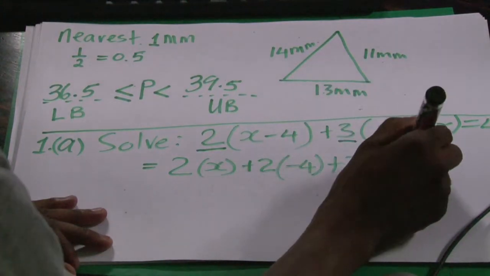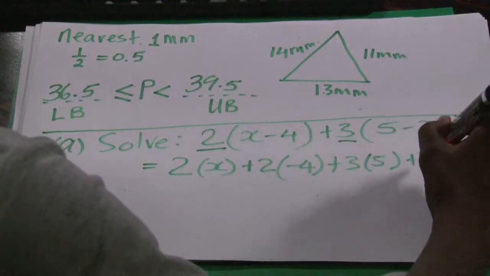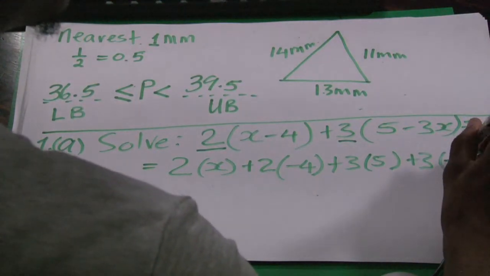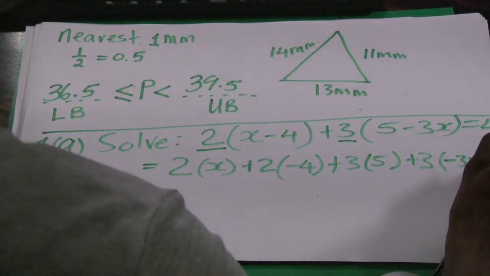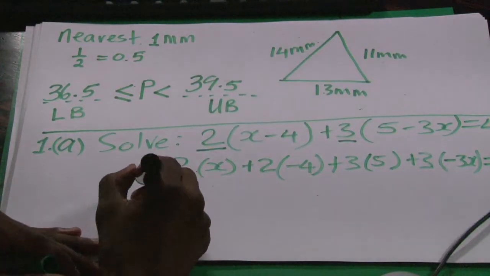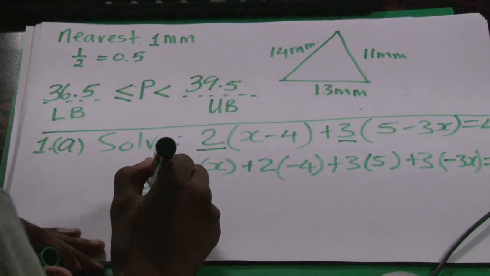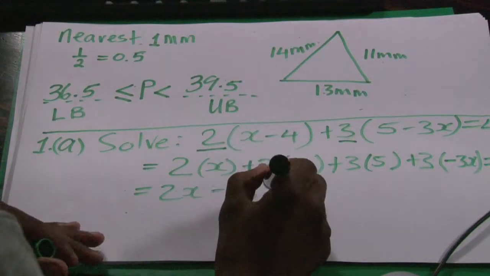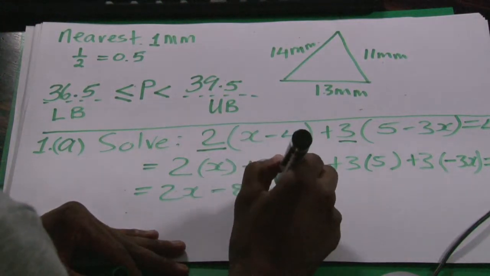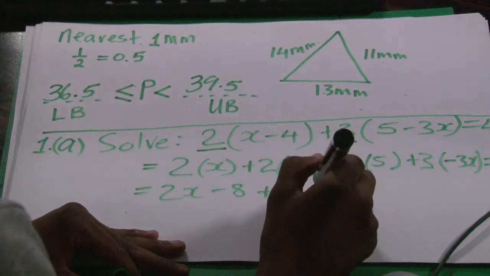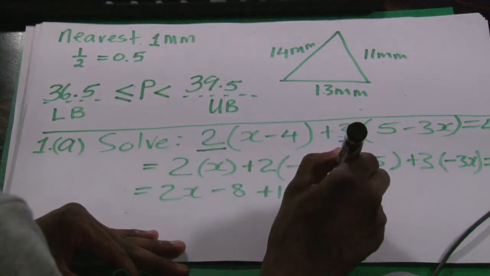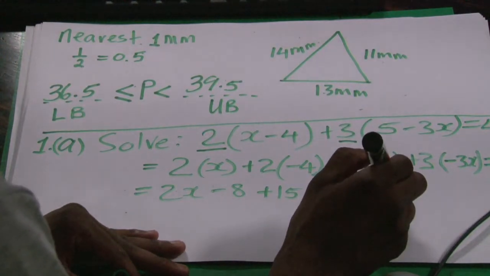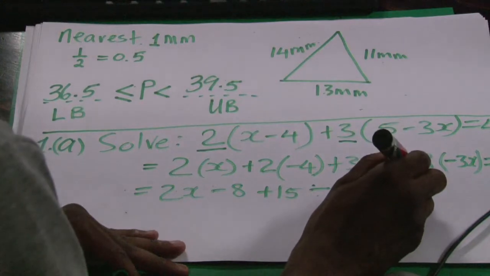I'll keep the plus 3 and then multiply it with what is inside, and then this is equal to 4. So what is left is just to simplify this. This gives us 2x minus 8 plus 15 minus 9x equals 4.